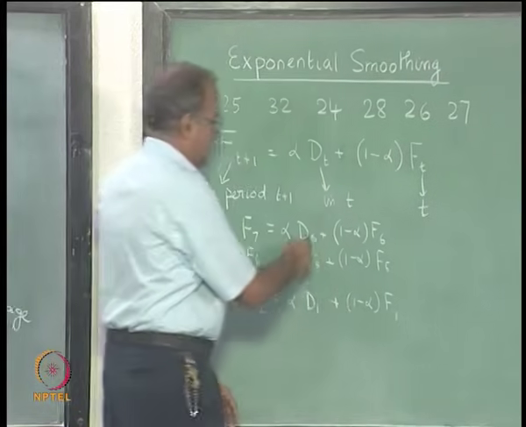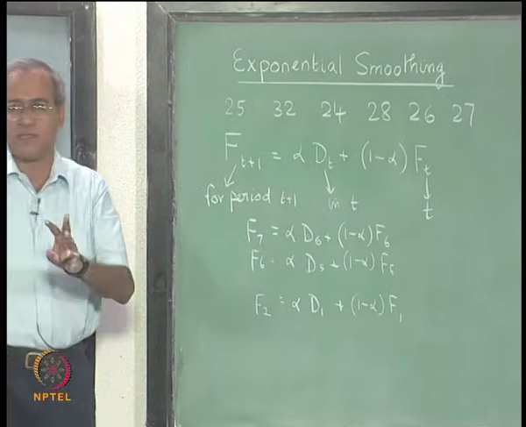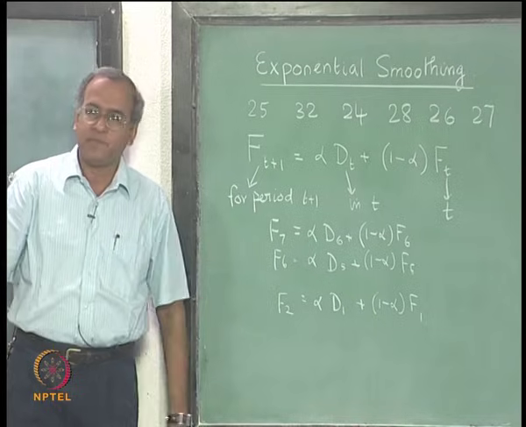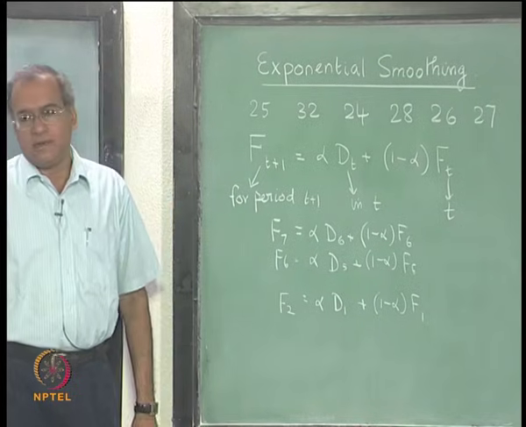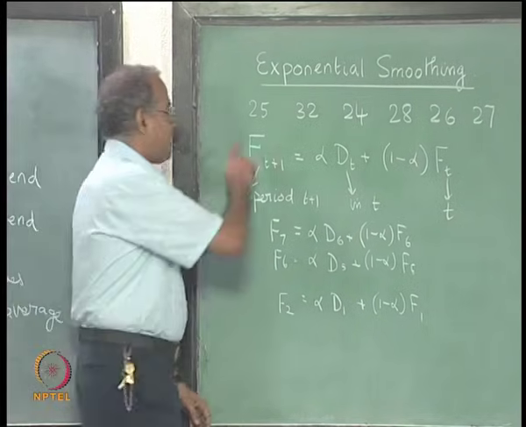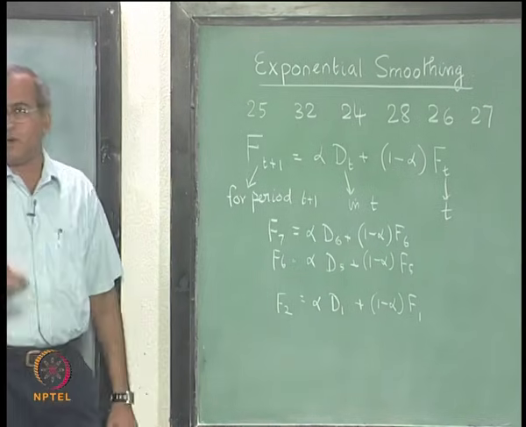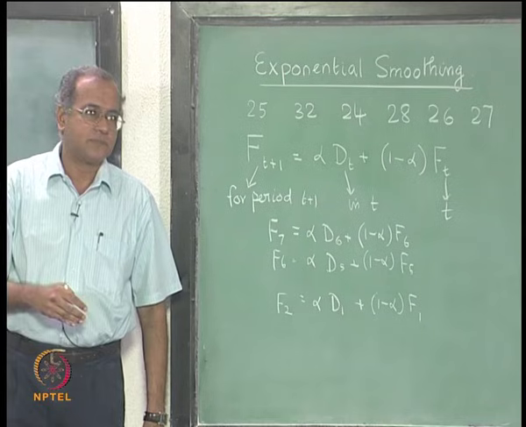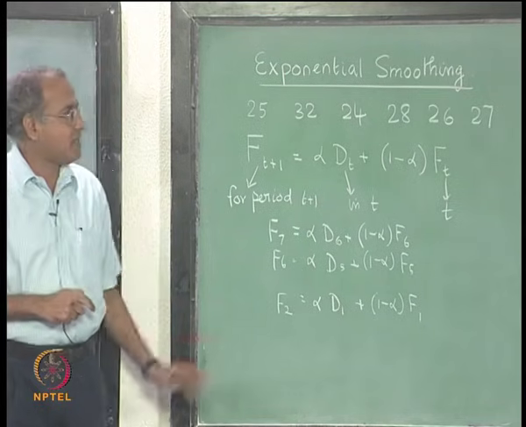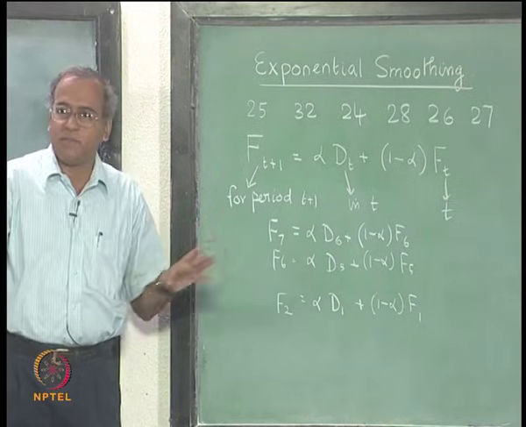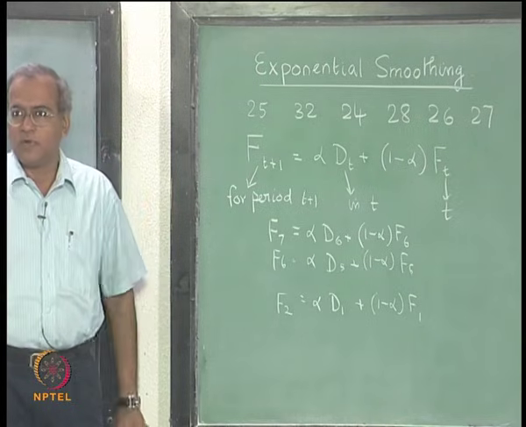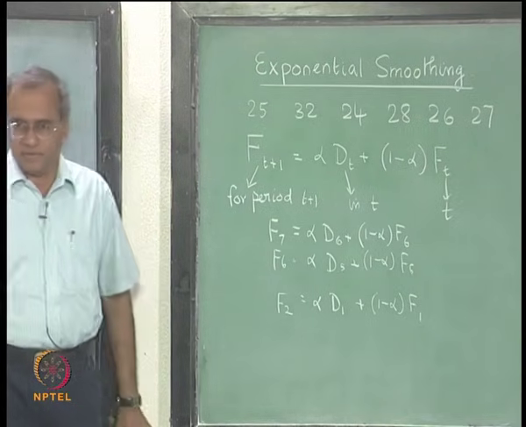We have used D1, D2, D3, D4, D5 and D6, we have used all of them, and we also said that we should give progressively increasing weights to more recent data. Let us see how we give the progressively increasing weight to more recent data.